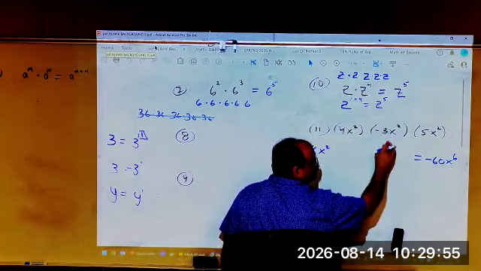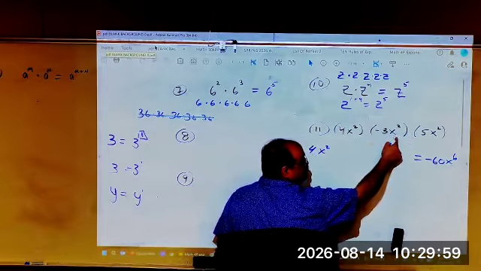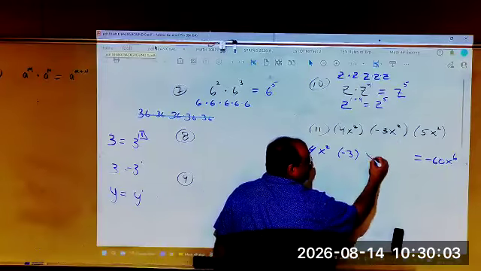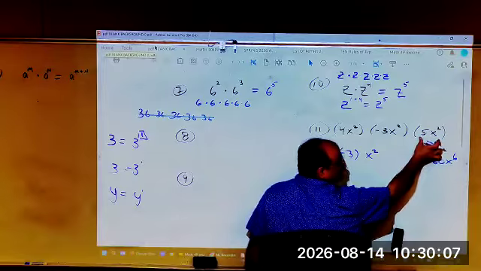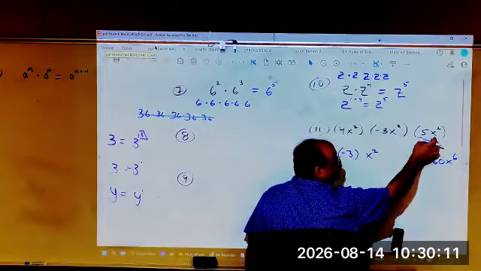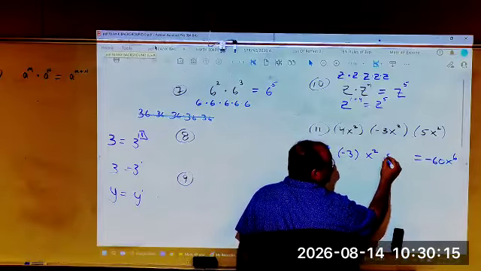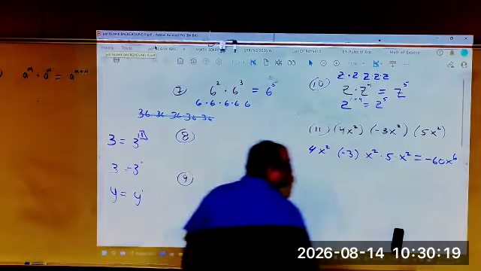Negative 3 times x to the second, I can just drop the parentheses because that is simplified. So I have a negative 3 and an x to the second. 5 times x to the second, that's simplified. You can't do anything in there, so I can just drop the parentheses. That's just equal to a 5 times another x to the second.